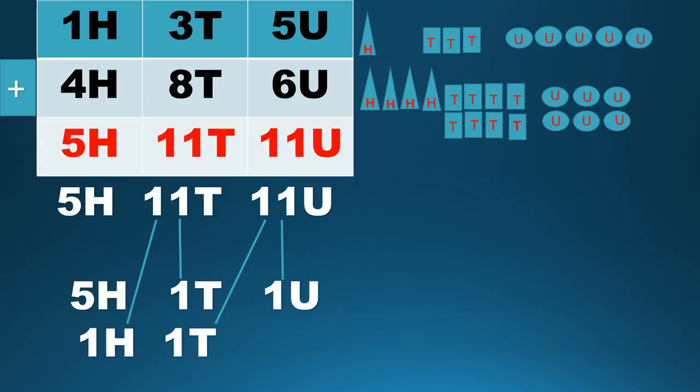So you have 3 tens plus 8 tens, which is 11 tens, but you have one more 10 which you have carried over. So from here we carry over 1 to the hundreds place. So we have 100 plus 4 hundreds, which is 5 hundreds. But remember, you have carried over 100 to the hundreds place.